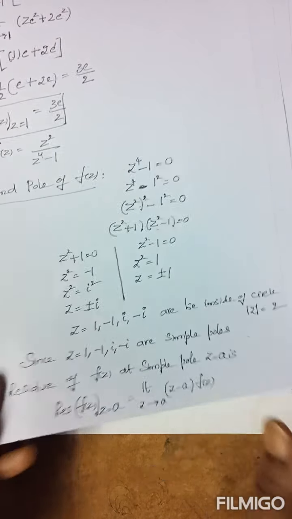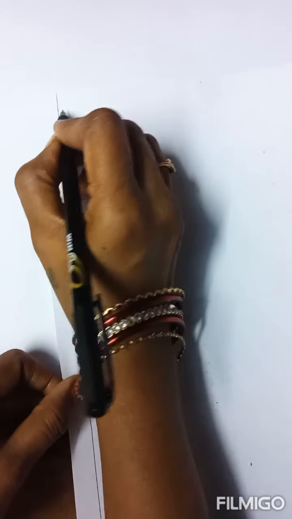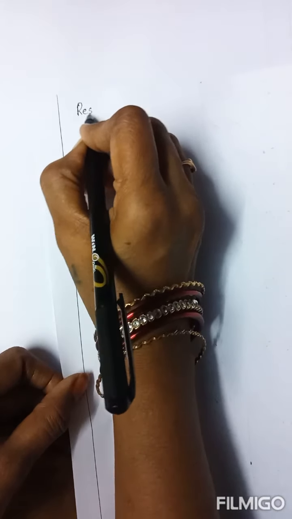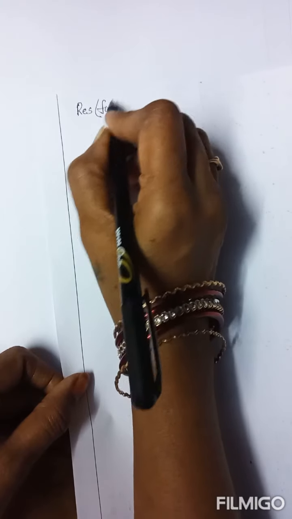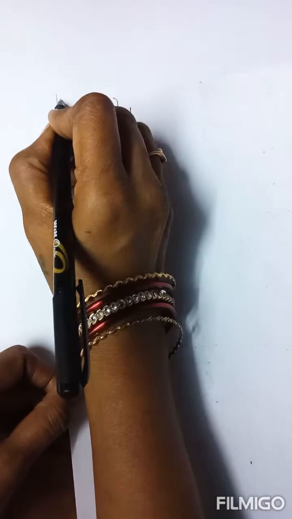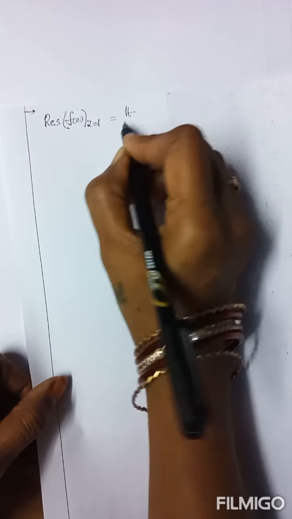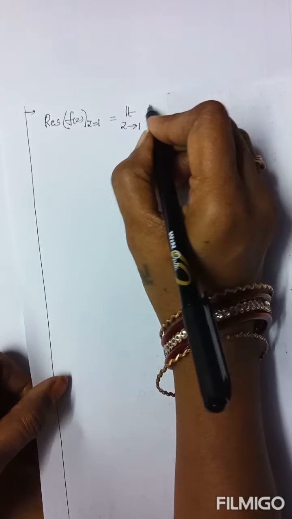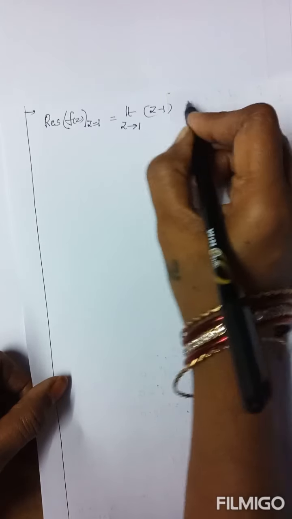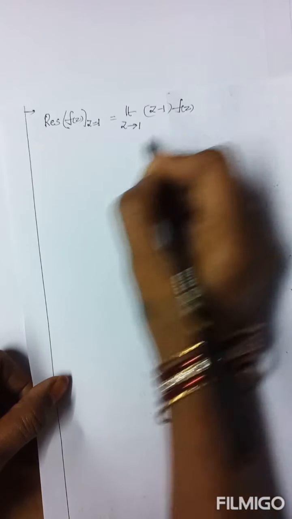So next, the residue of f of z at z equals 1 equals, as per the formula, the limit of z tends to 1 of z minus 1 into f of z.